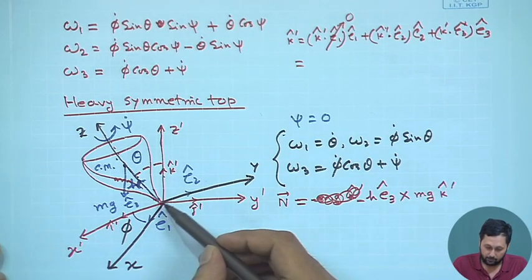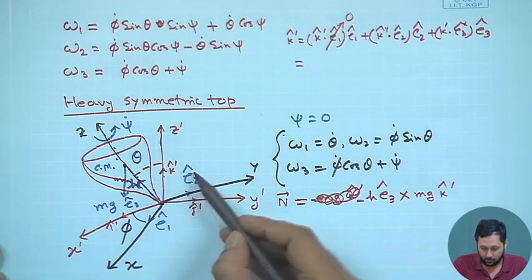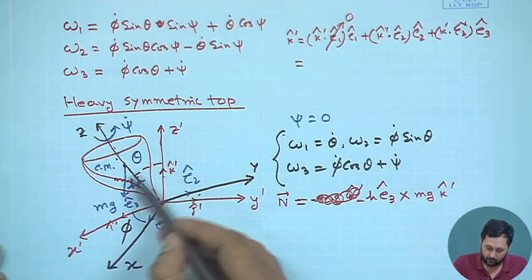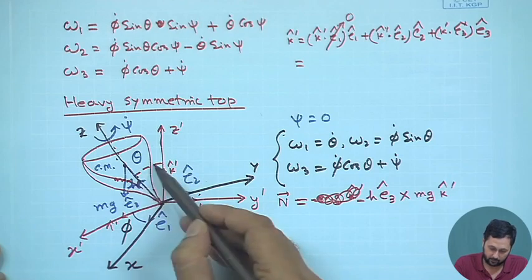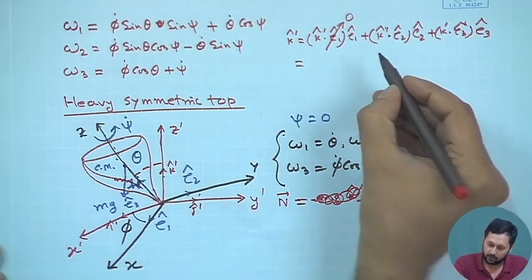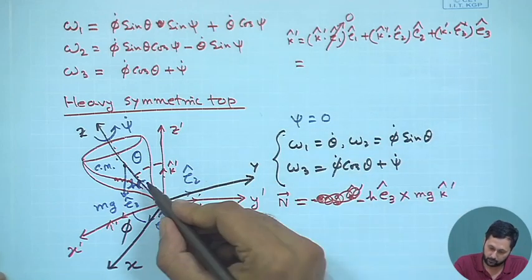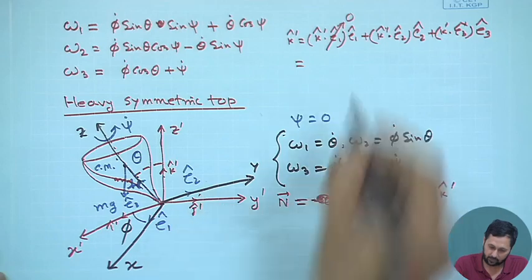And if that is the case, then this can be decomposed in this body yz plane, and in terms of this angle theta, we can write this as, the first will be E2, the y component, is sin theta, right.